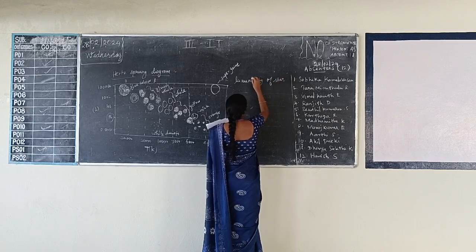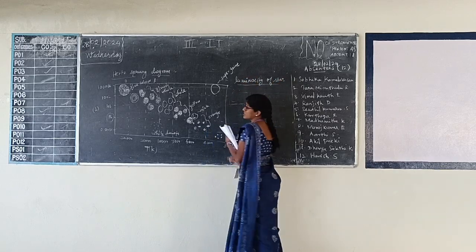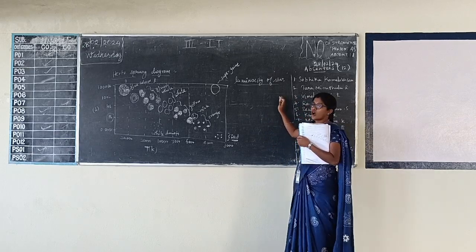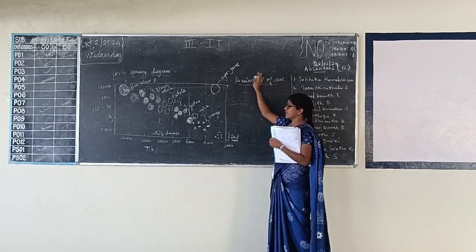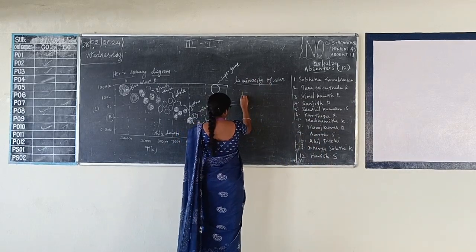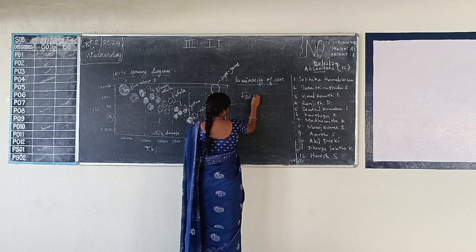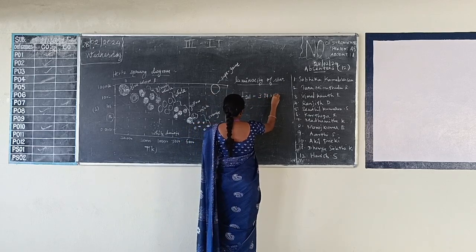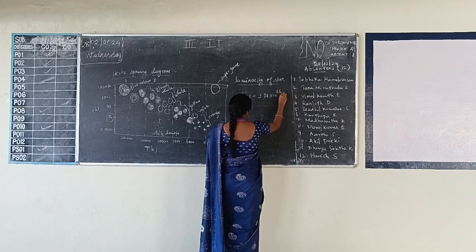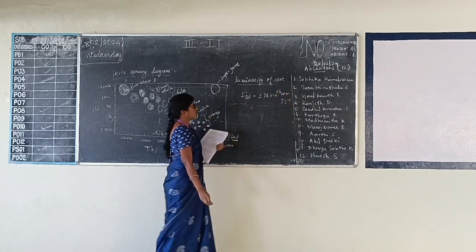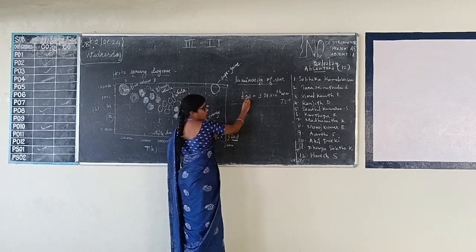Luminosity is how bright the star is. We calculate how bright the star is. You already know the value of L. L is the luminosity of the sun, which is 3.84 times 10 power 26 watt, or Joule second power minus 1. So this is the value of luminosity of the sun.